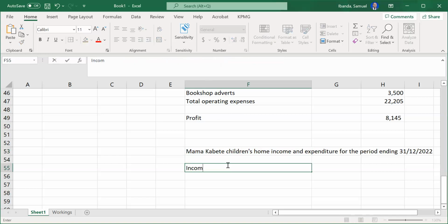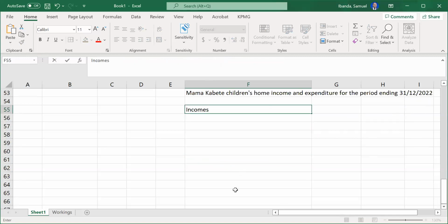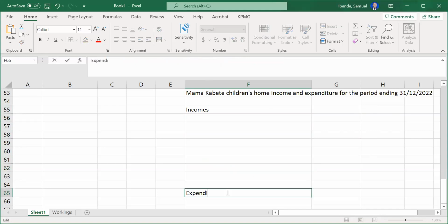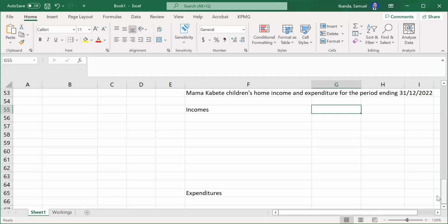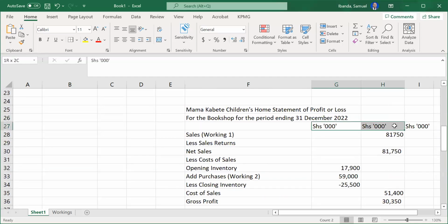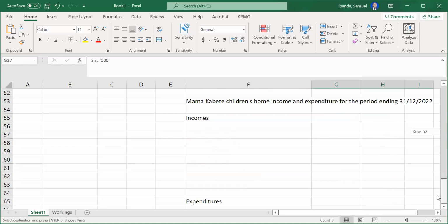You have your incomes, and then you have your expenses, or you call them expenditures. You can just include these zeros, the degree of precision, here.